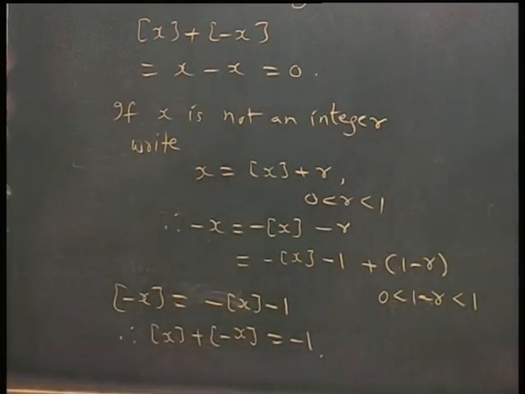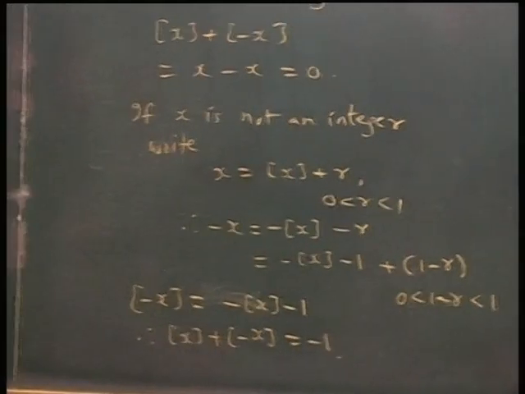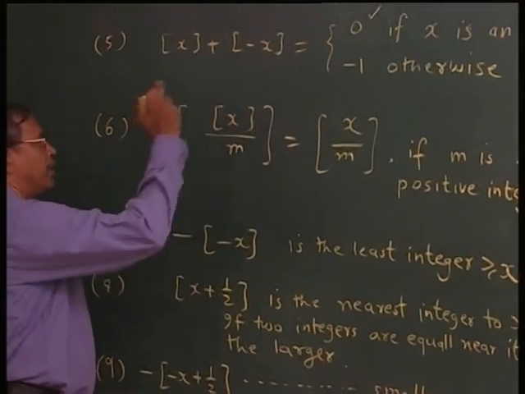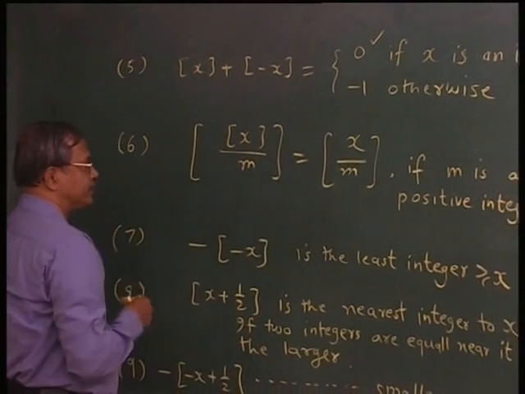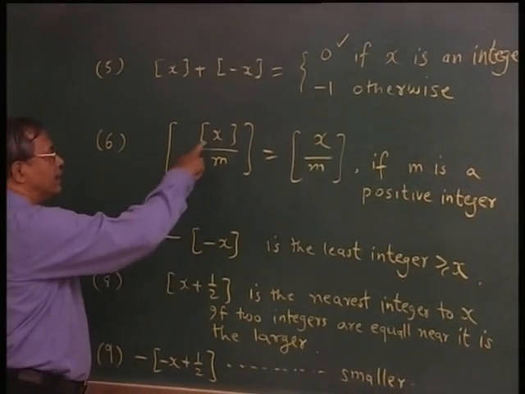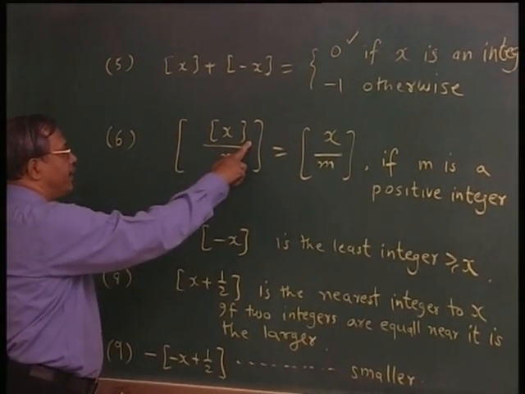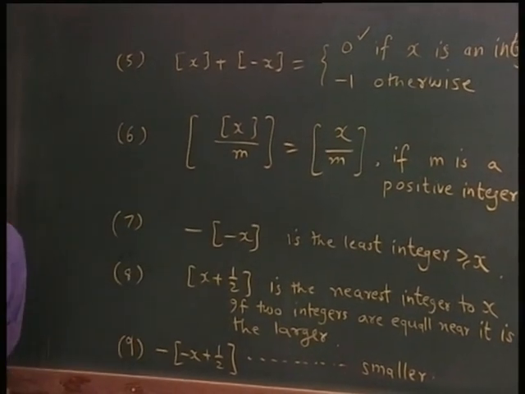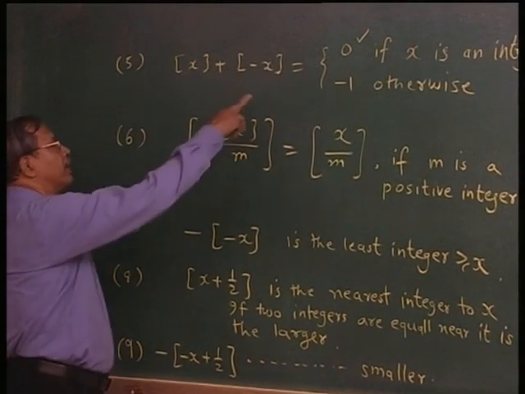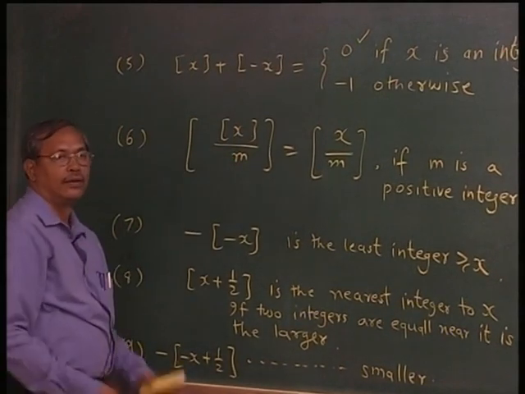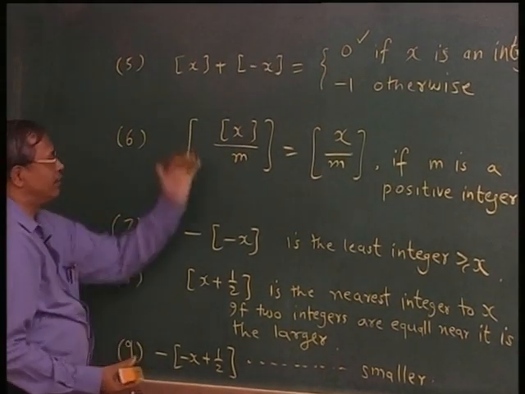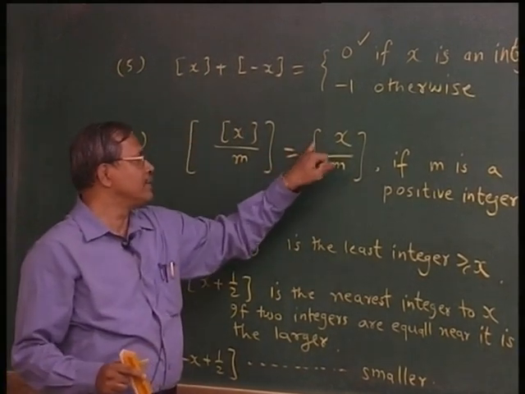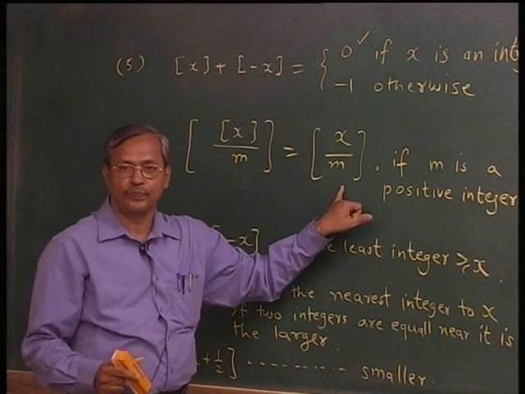Look at this property. This is also a very interesting property. Integral part of x, you first of all start with the real number x. Take its integral part. Divide it by positive integer m. Again take integral part. This is a very complicated thing and it looks simple. It is just integral part of x by m.